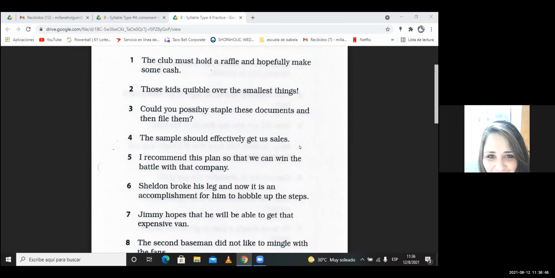I recommend this plan so that we can win the battle with that company. Battle, between T and T. First syllable is closed and the second is an LE syllable.